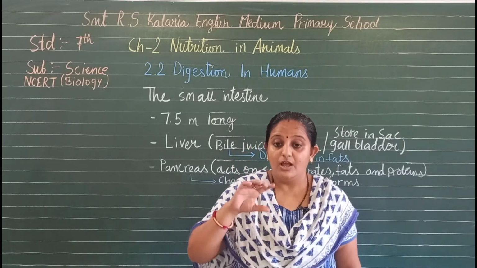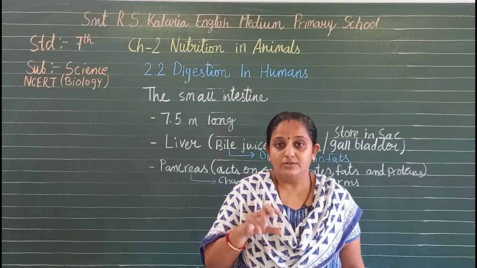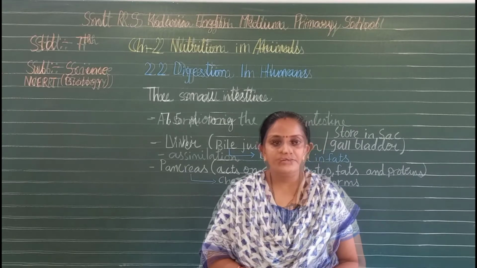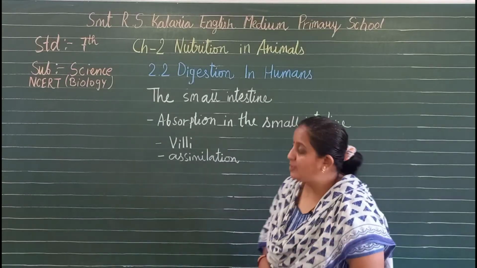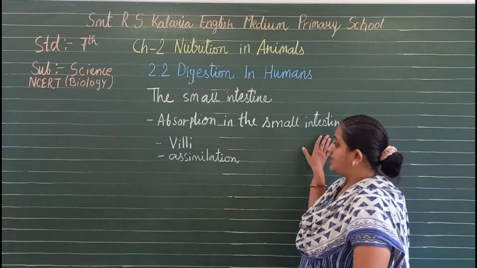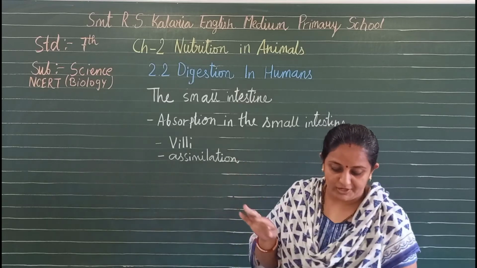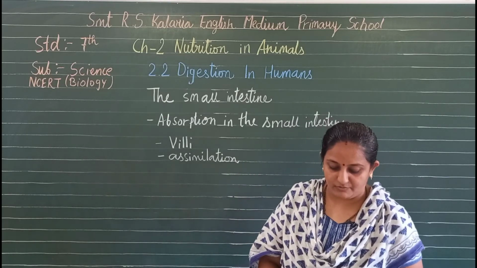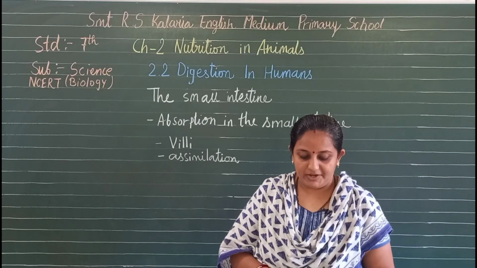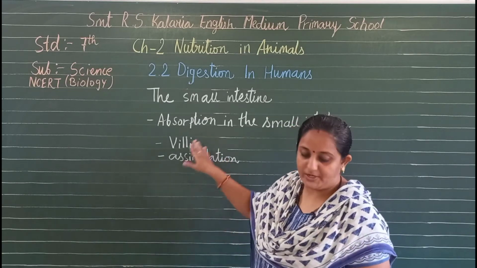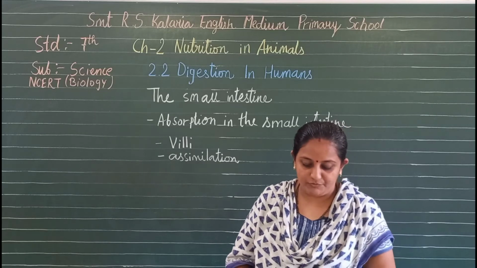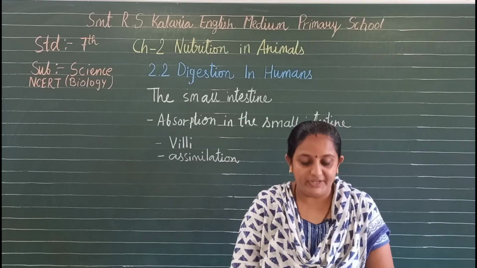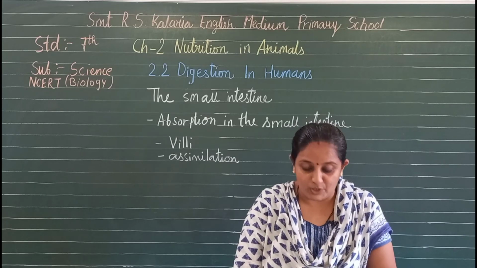Now let us understand absorption in the small intestine, how the food is absorbed. The digested food can now pass into the blood vessels in the wall of the intestine. This process is known as absorption.